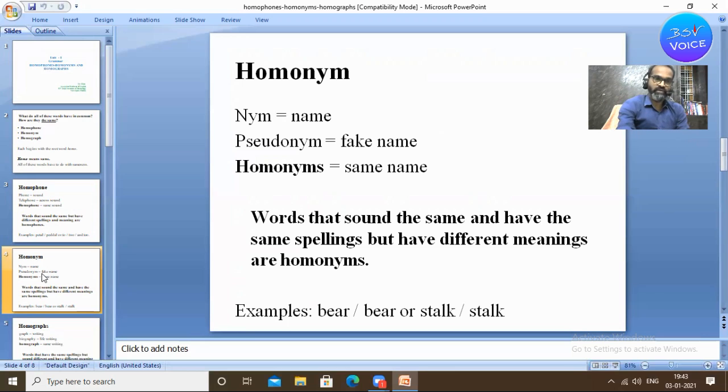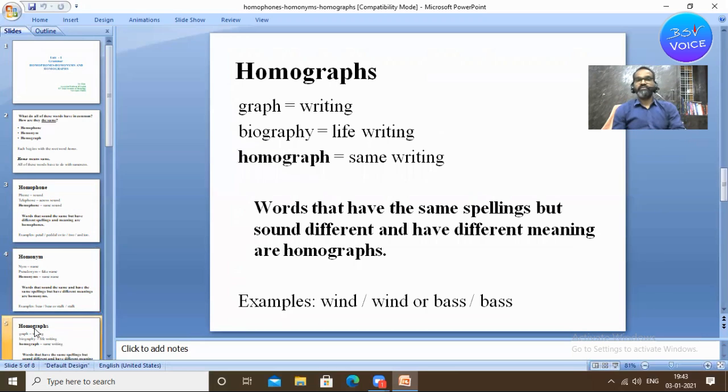As I explained, now homograph: graph is writing. Just remember that here it is only spelling that is the same. The other two parts, pronunciation and meaning, are totally different. Graph is writing, biography is life writing, homograph is same writing, in the sense of same spelling.